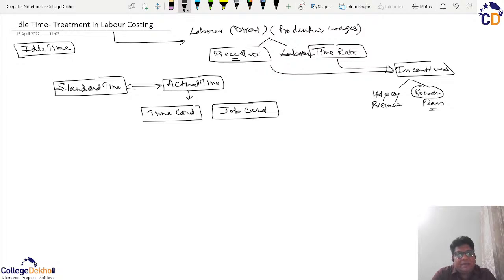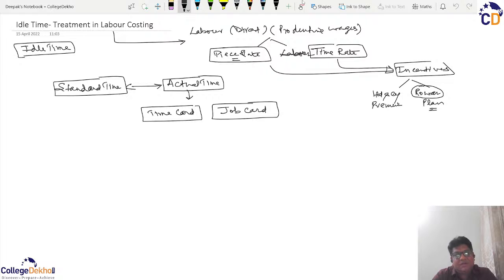Either we make a worker-specific card where, from the date of his entry into the premises till his departure from the premises, we always note how much time he has devoted on which machinery or department, or we should say which job. And vice versa, we can have a job-specific card, and for all those different workers working on that job on a particular day, we make daily entries of the time they have spent on that job.